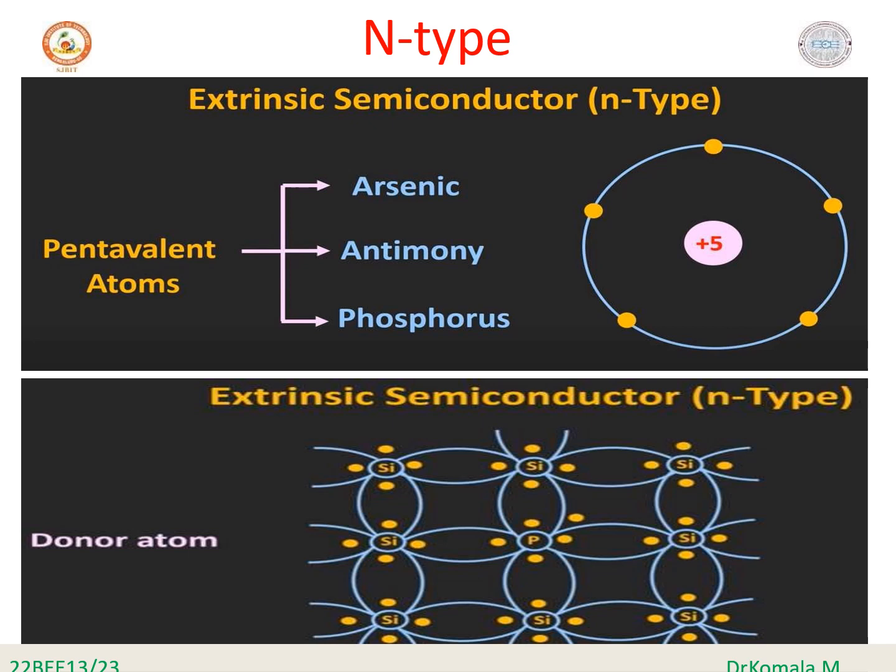The pentavalent atoms have 5 electrons in the valence orbit. Since the pentavalent atom has a fifth electron in the outermost shell, one electron will be free to propagate. So they are called donor atoms.